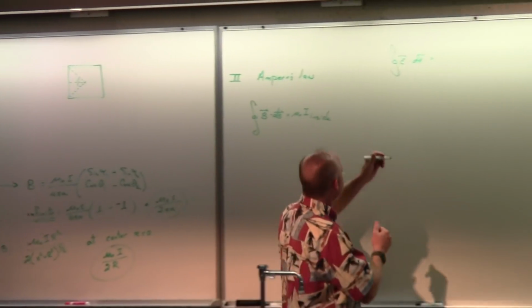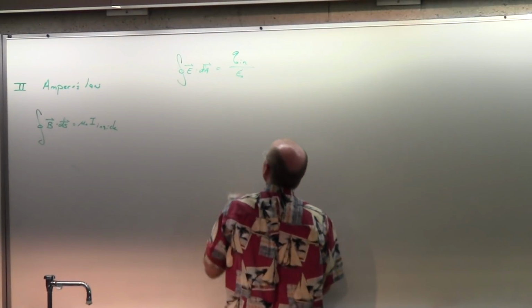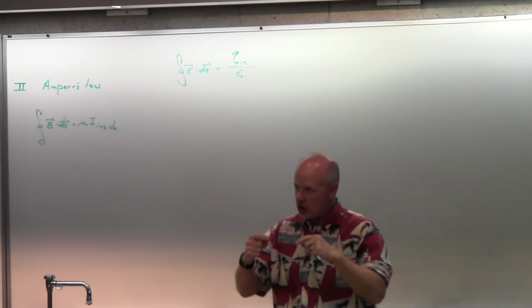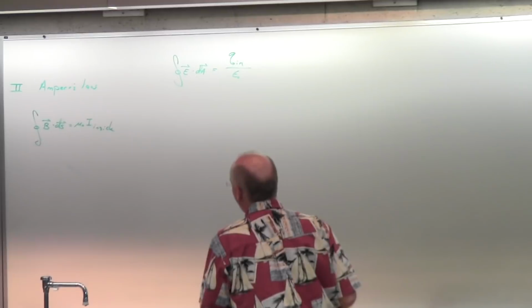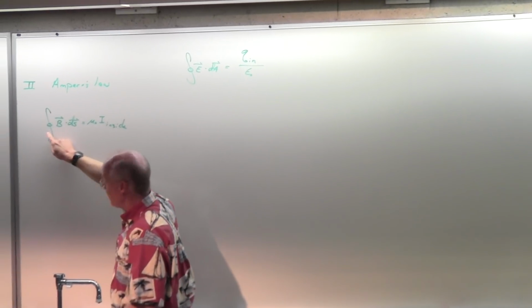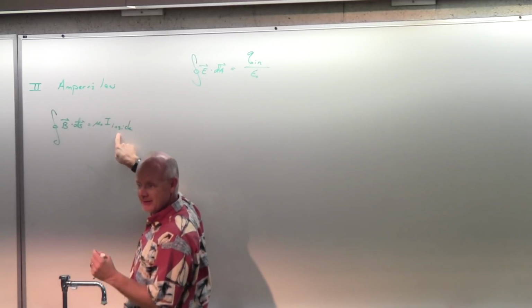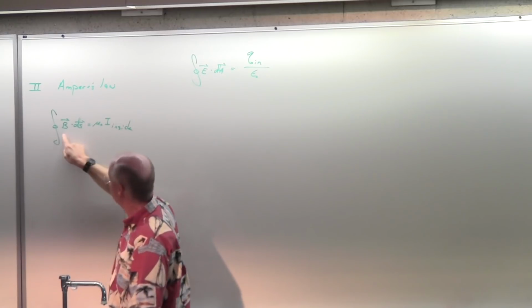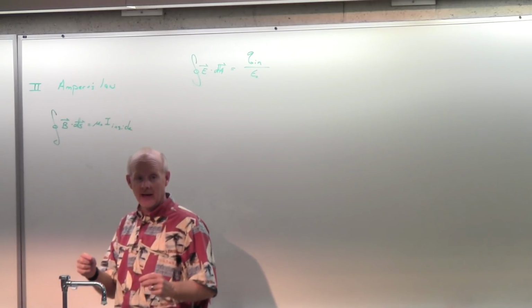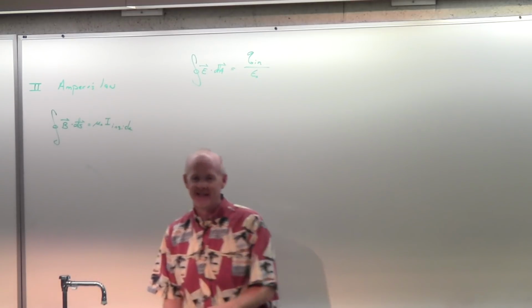And again, just like Gauss's law gave us the electric field by saying how much charge is inside of our Gaussian surface, our magnetic field is going to be found by saying how much current is going through the middle of our Amperean loop. Exactly. All right.